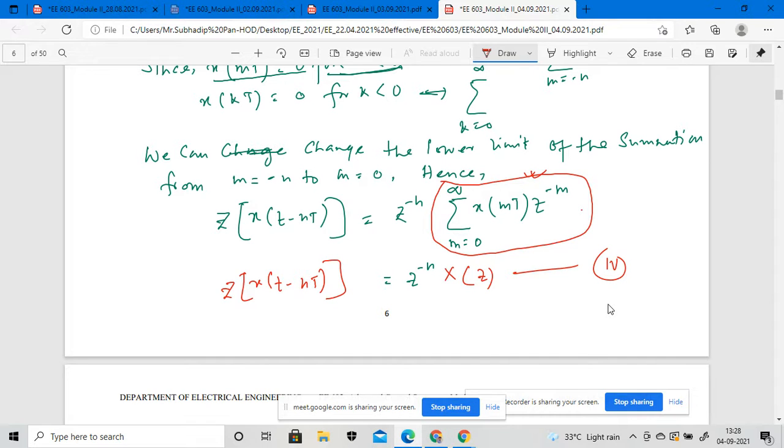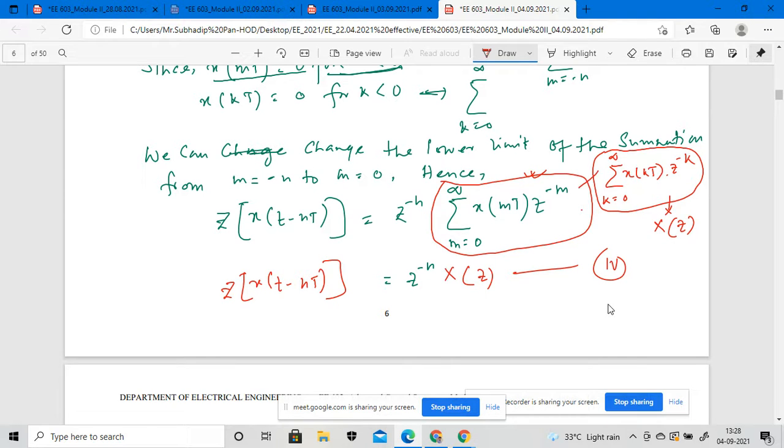In the previous case we had k equals 0 to infinity, x of kT into z to the power minus k, which we wrote as X of z.